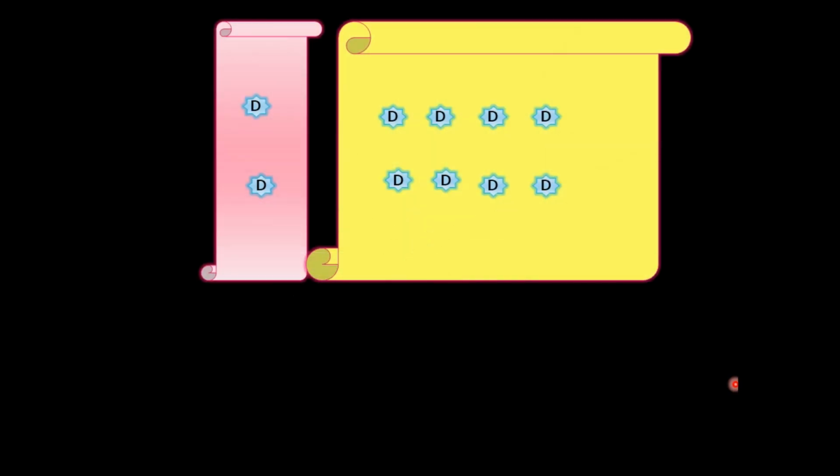In this scenario, we administered 10 units of the drug. Among these 10 units, only 2 units remain intravascularly, while 8 units are distributed to the extravascular compartment.